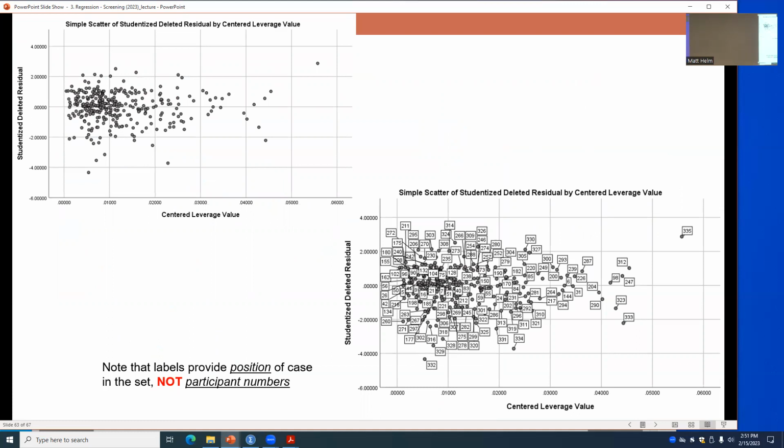Yeah, Kate. Mine's more about definitions of things. So Cook's D is a metric of influence. Influence is leverage and discrepancy. And discrepancy and residuals, like studentized residuals, are the same thing? Yes, our residuals are a measure of discrepancy.